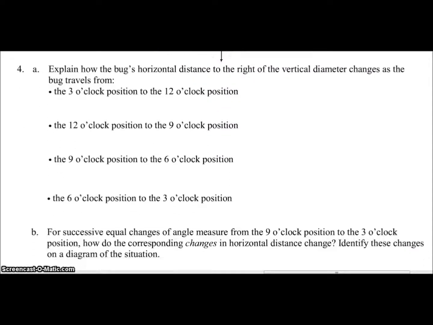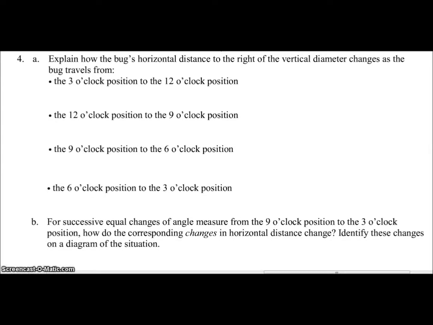Explain how the bug's horizontal distance to the right of the vertical diameter changes as the bug travels from the 3 o'clock position to the 12 o'clock position. Again, we have our bug. It's right here on the fan plate at the 3 o'clock position, and we change to the 12 o'clock position.